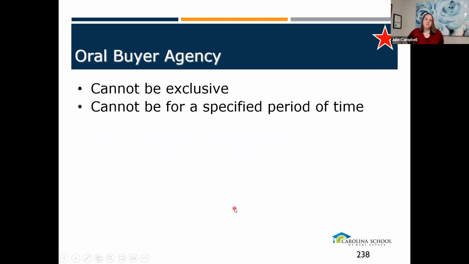Couple caveats we talked about. Oral buyer agency is non-exclusive. You cannot demand exclusivity in an oral buyer agency agreement. And we also cannot specify a period of time. I cannot say we're going to work together for 2 weeks or 2 months under an oral agreement.